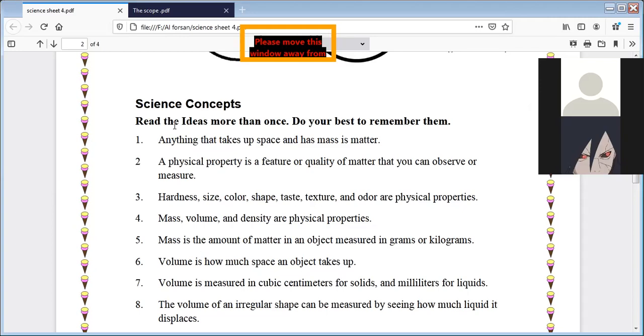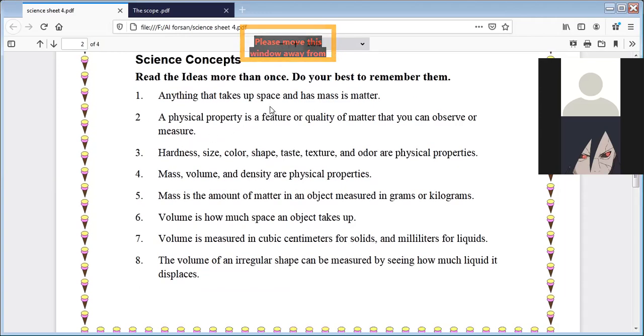According to these concepts, number one, anything that takes up space and has mass is matter.